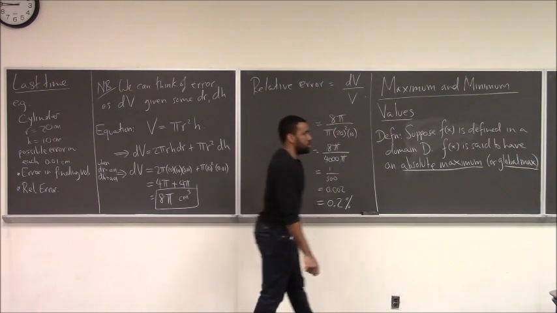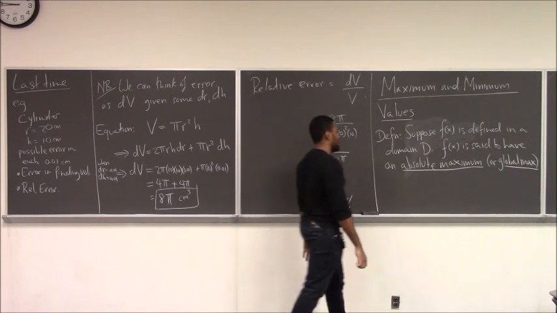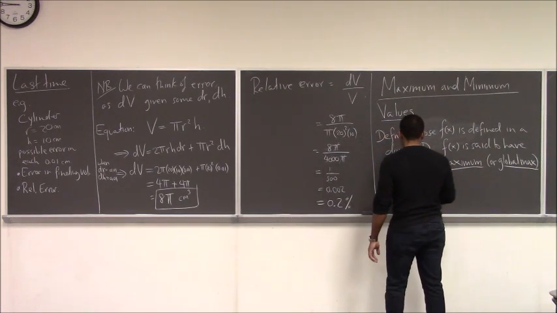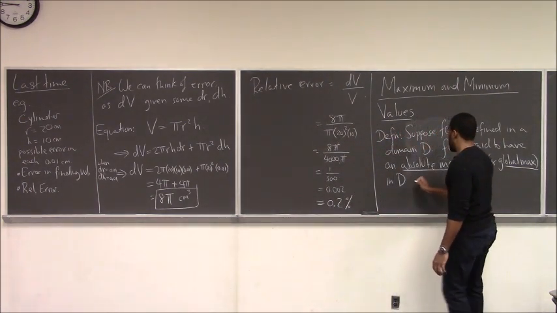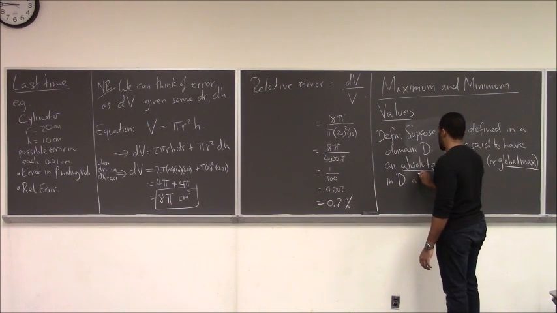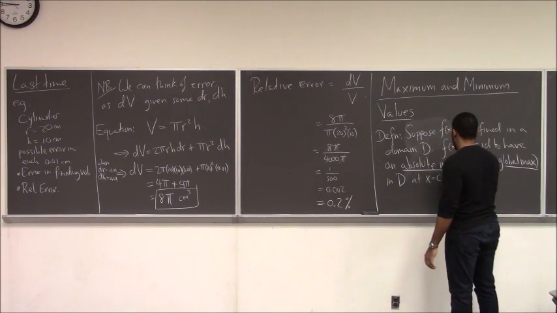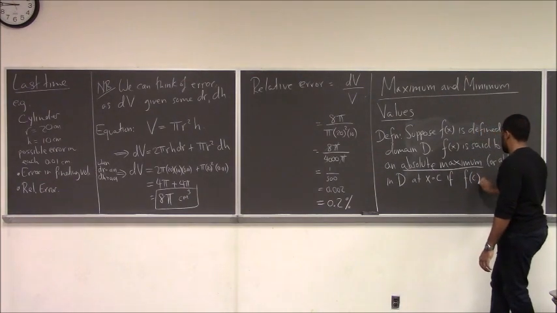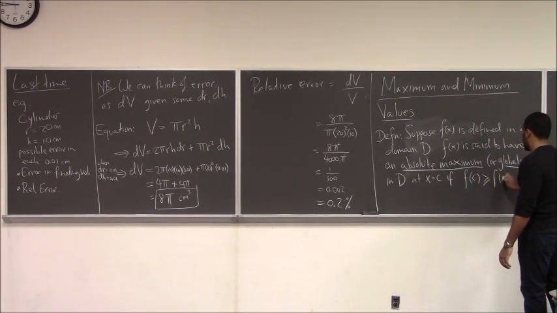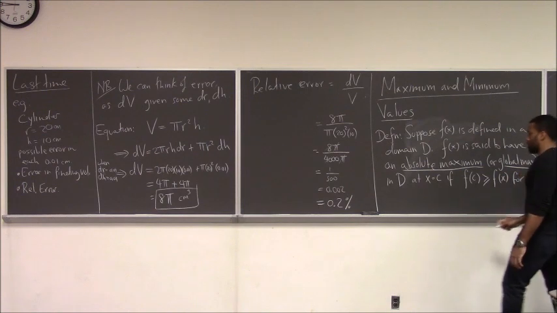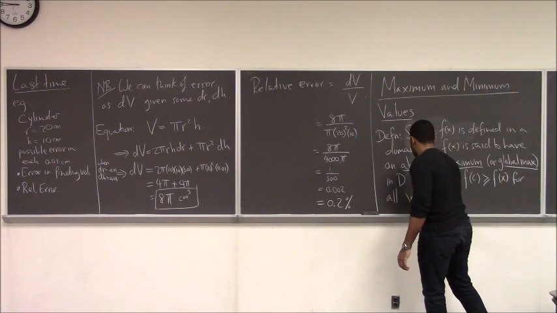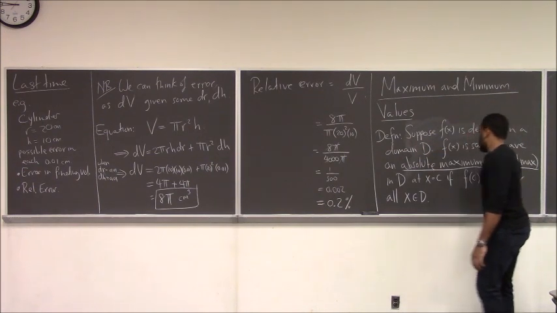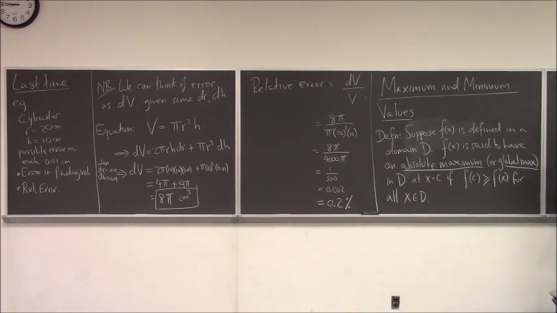Defining what it is to be an absolute maximum or global maximum. It means there is some value of the function that is larger than or equal to every other value of the function in this domain.